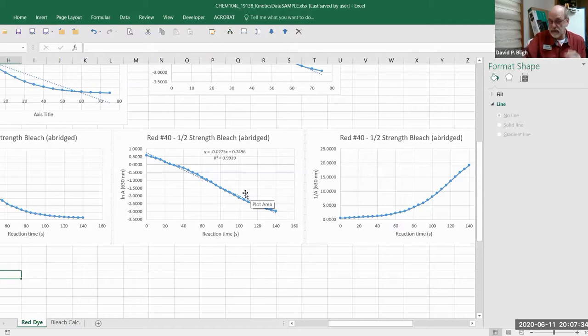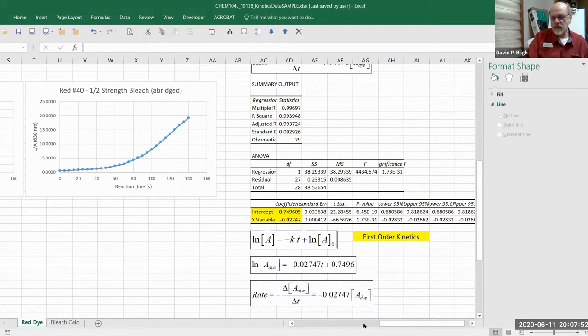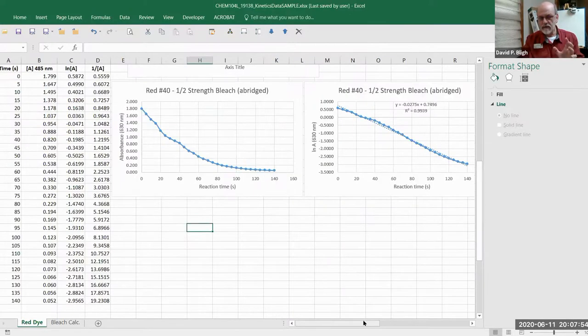We're going to use that information in a few minutes to deduce the order for the bleach. All right, now I'll show you how to do that. So that being said, that's all the information we need from this plot of the data that we're working with.